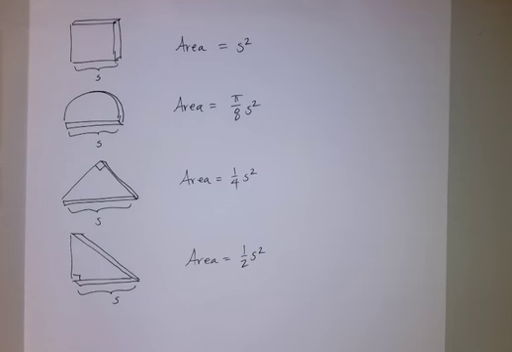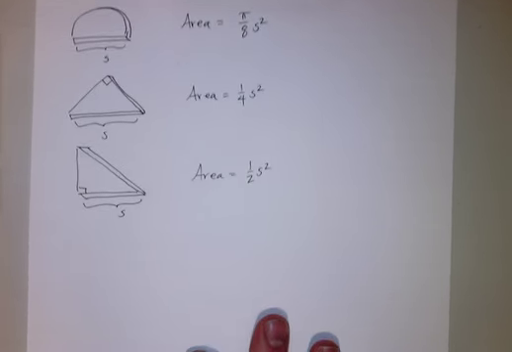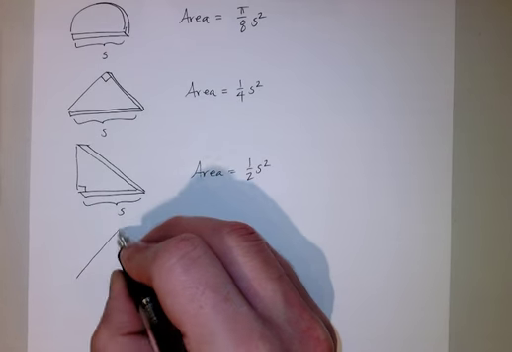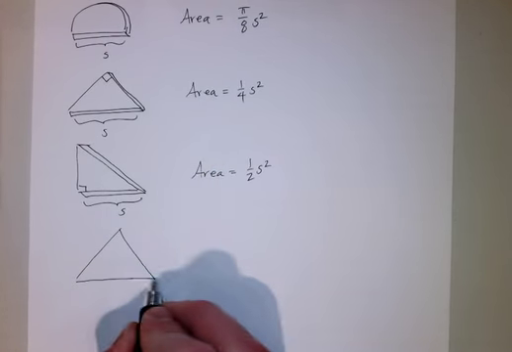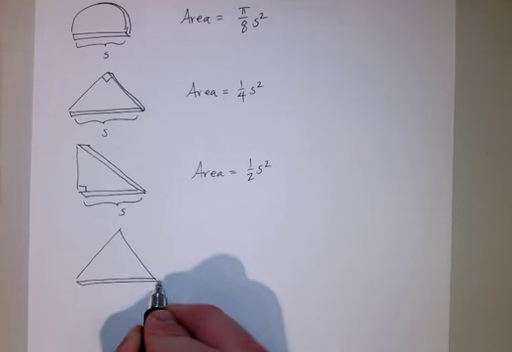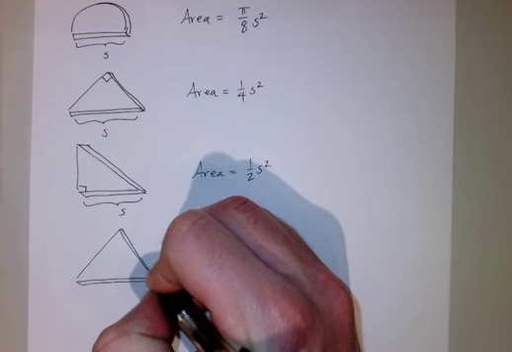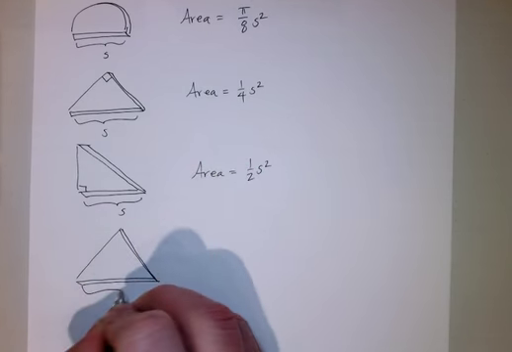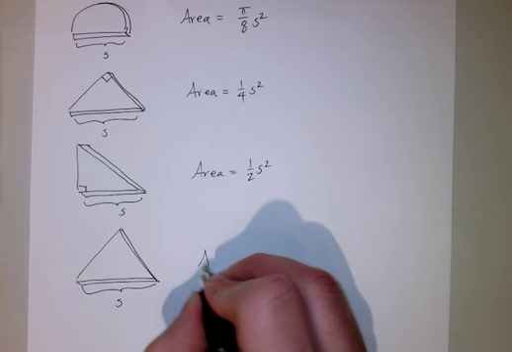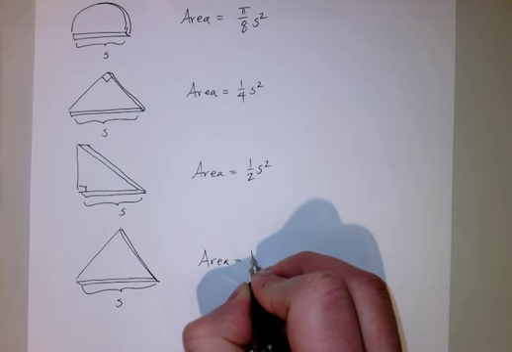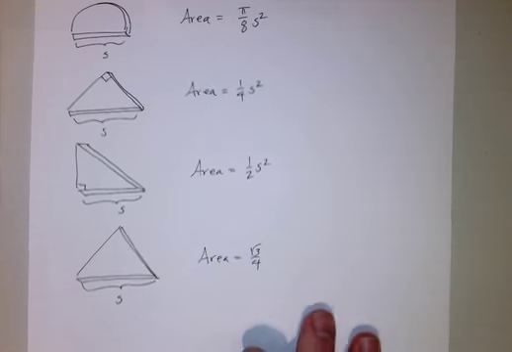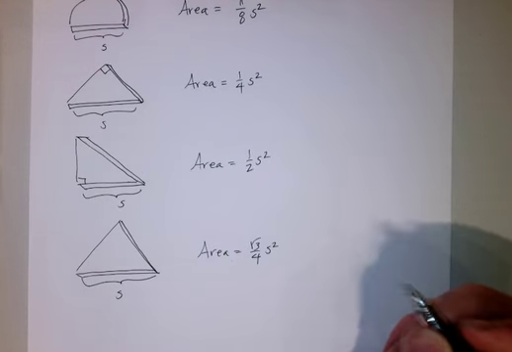The last one that I actually need to mention is the equilateral triangle one. We broke that down, we went ahead and dropped an altitude and talked about it in terms of 30, 60, 90 right triangles, and surmised that the area was √3/4 s squared.